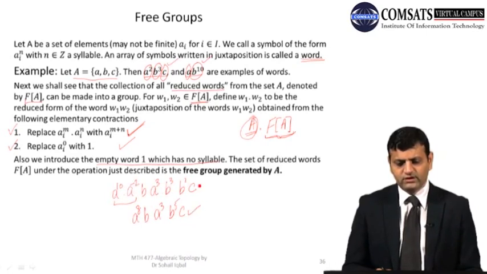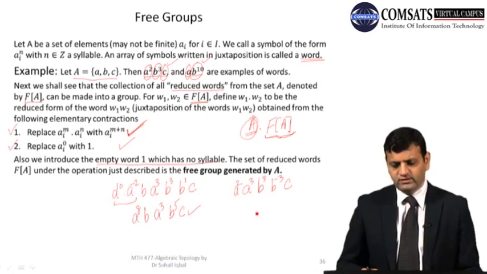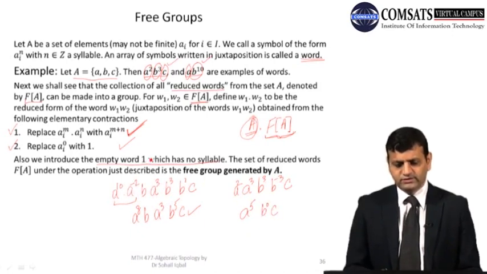So this is the reduced word after using the first operation. Similarly, if I have something like a^2 a^3 b^3 b^-3 c, then I can use once again the first operation: a^5, and similarly b^3 times b^-3 is b^0, and c. So what is b^0?